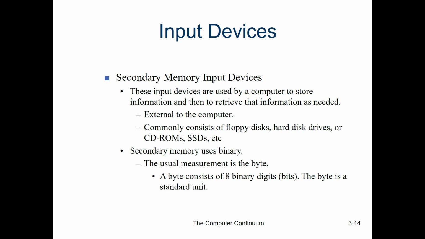Secondary memory uses binary, and the usual measurement is in bytes, as everything is measured in bytes and bits. A byte consists of 8 bits. The bit is the standard unit. You have the idea about that.